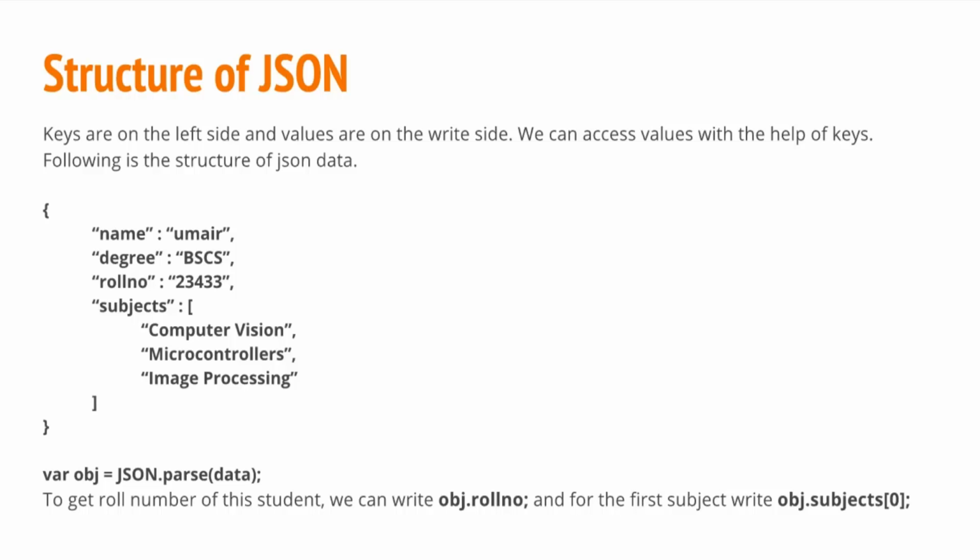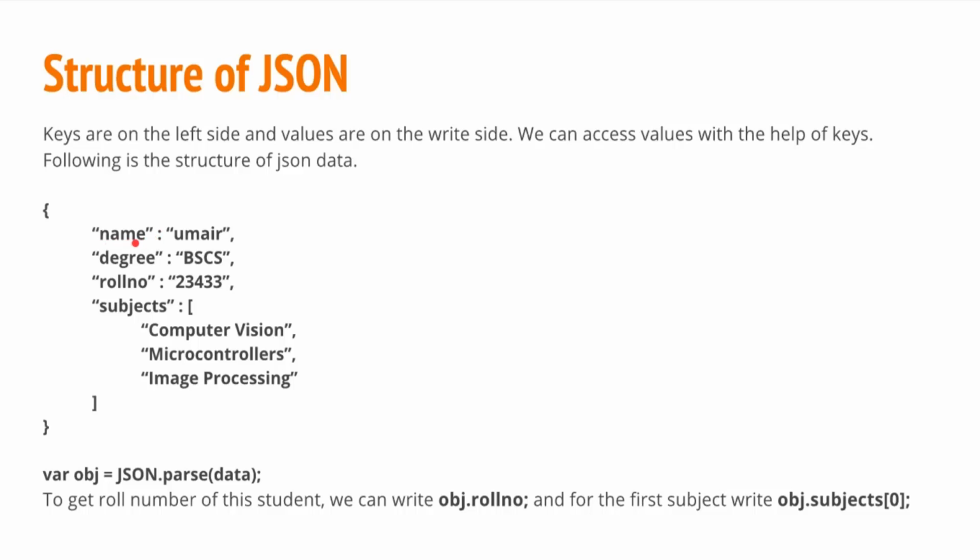The structure of JSON is defined as key value pairs. Keys are on the left side and values are on the right side. We can access values with the help of keys. Following is the structure of JSON. You can see that I have started with a curly brace and I have added the key, and I am separating the key value pairs with a colon.